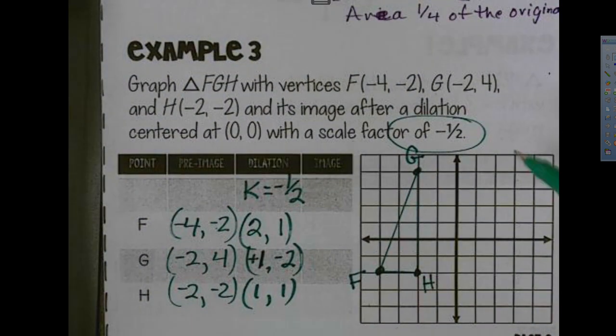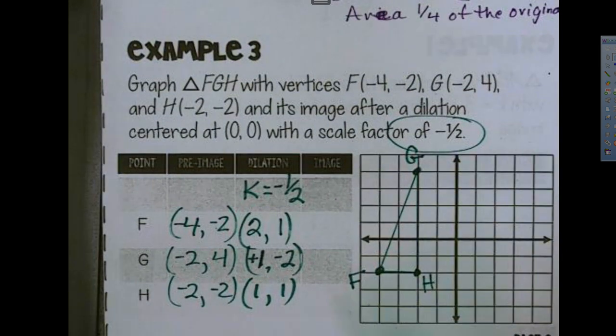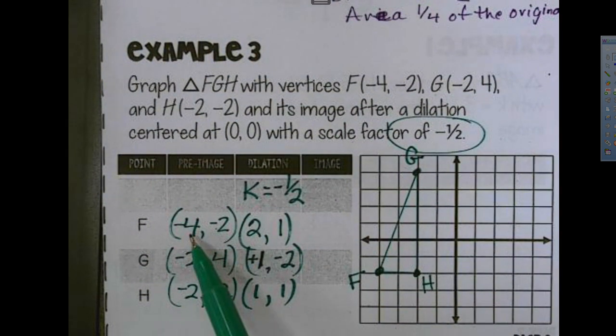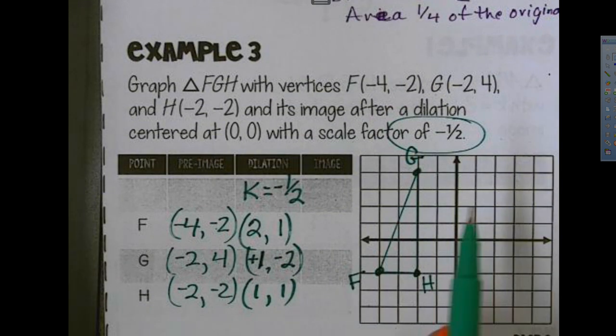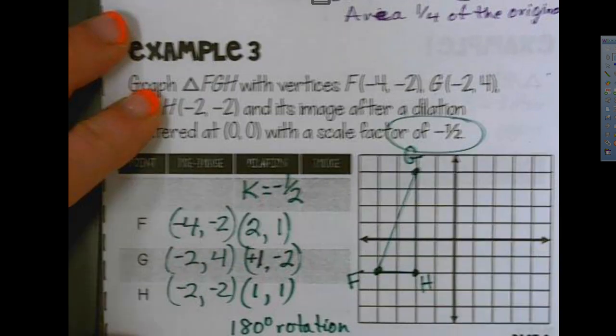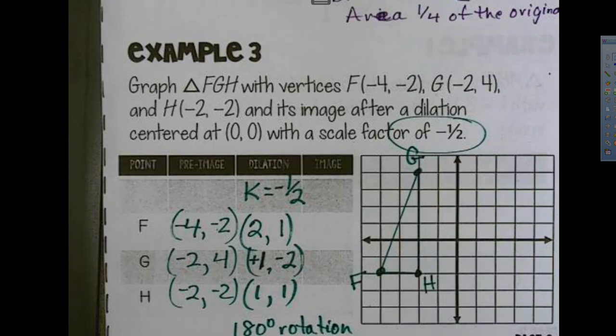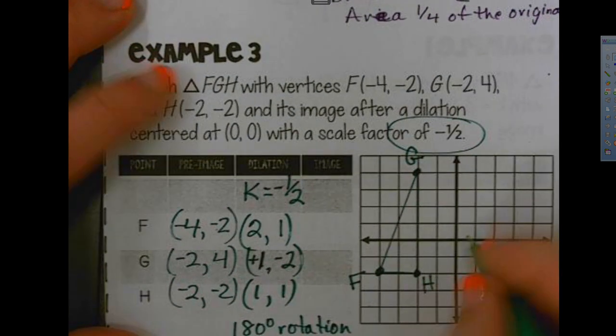Now, if you remember back from rotations, when we changed both the X and Y to their opposites, oh yeah, that was a 180-degree rotation. All right, so in addition, we're going to shrink it. So we're doing kind of 2 things here. Let's go ahead and plot it. 2, 1.